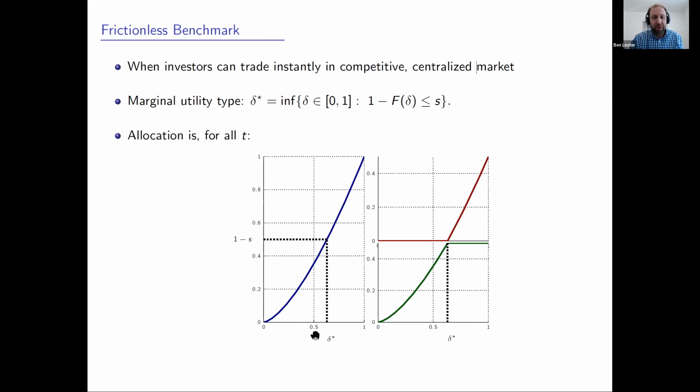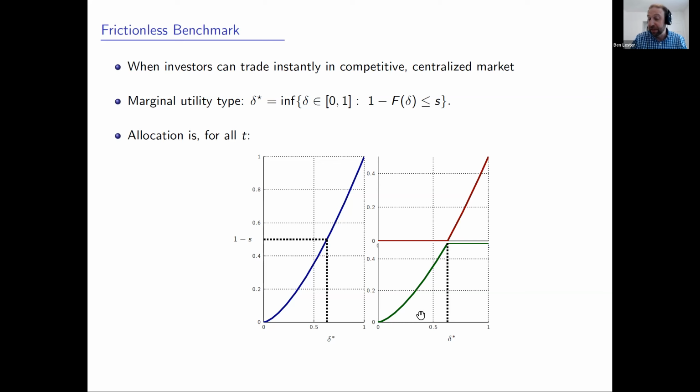Pierre used this picture to represent the allocation. On the left, like a two-story picture, is the exogenous distribution of utility types. On the right, up top, we have the distribution of owners, and on the bottom in green, the distribution of non-owners.